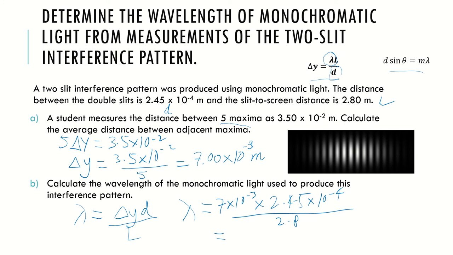And if you type that into your calculator, 7 times 10 to the minus 3 times 2.45 divided by 2.8, you get that the wavelength of this light was 6 point, and it's 3 sig fig in the question above, so it's 6.125, but that 5 will round the 2 up to 3, so it's 6.13 times 10 to the minus 7 meters.